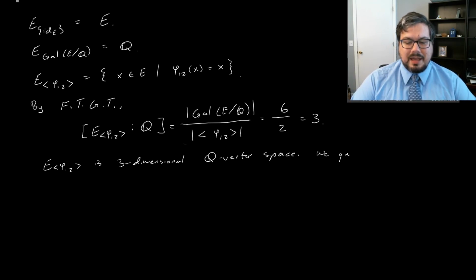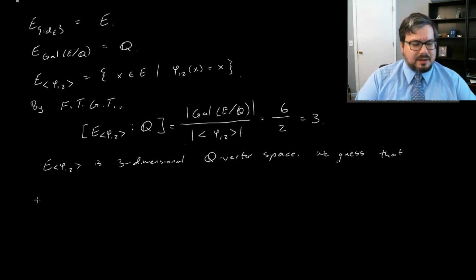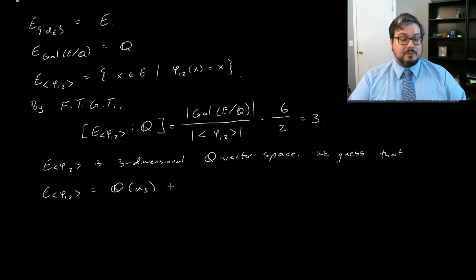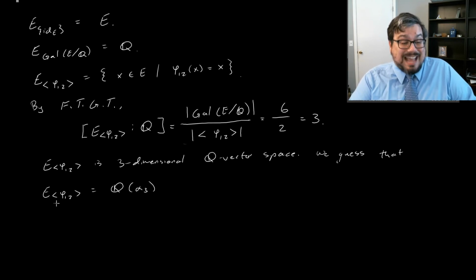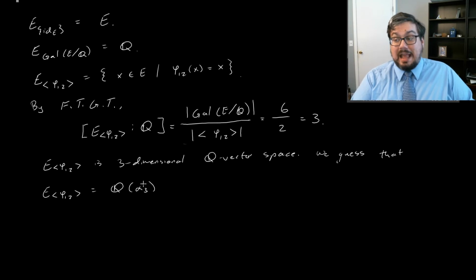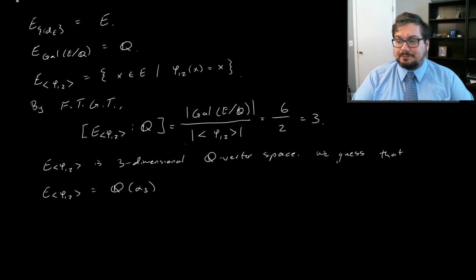So we might guess that this fixed field will just be the field Q(alpha 3). Now, we might guess this very naturally because phi 1,2 already fixes alpha 3. And so we know alpha 3 is going to be contained in this fixed field, but we can go further than that.